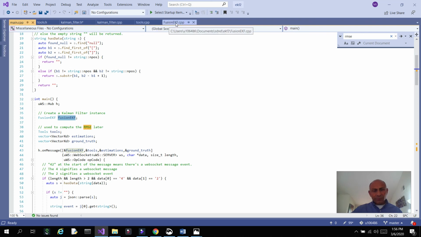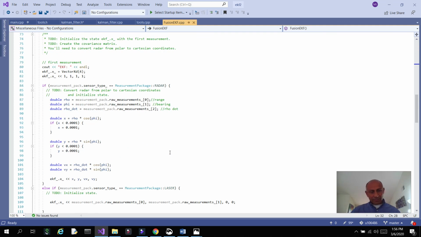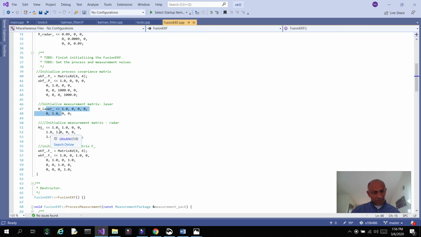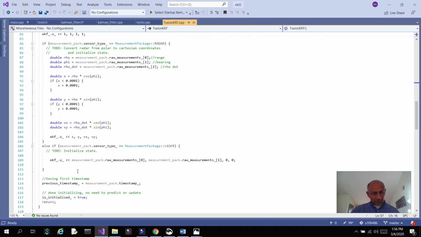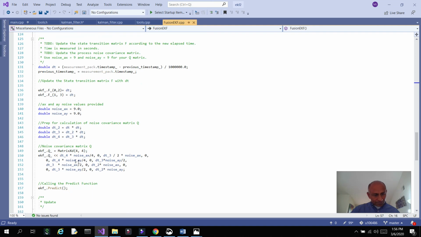Then the important file, FusionEKF, where we initialized the variables and the matrices: P, H laser, Hj, F, and the noises. And then we calculated Q here also, the process noise covariance matrix, which was G Q nu G transpose, where Q nu was sigma ax squared, sigma ay squared.